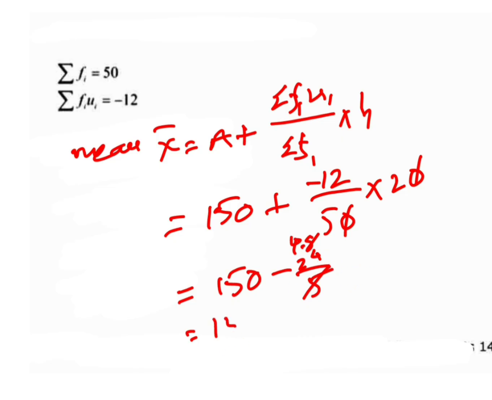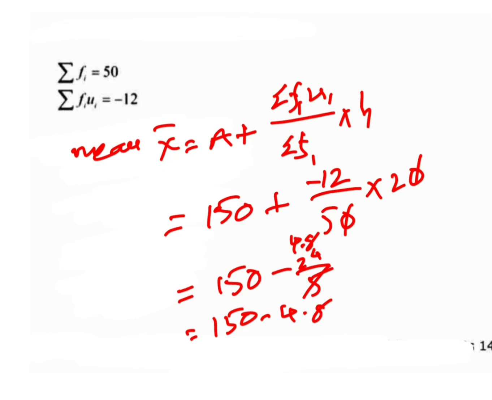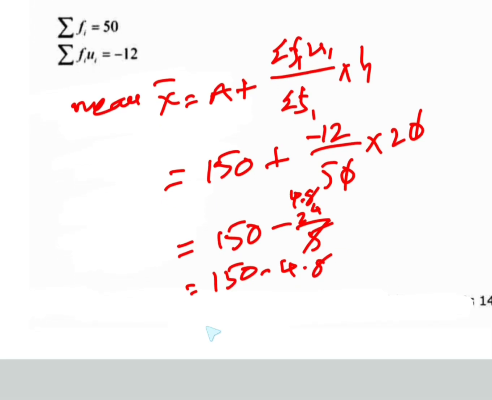Therefore 150 minus 4.8 is equal to 145.2.